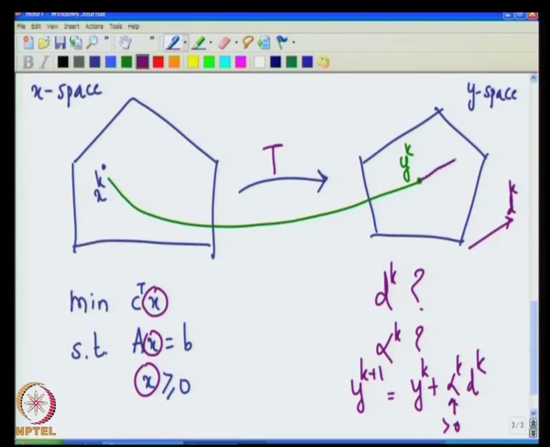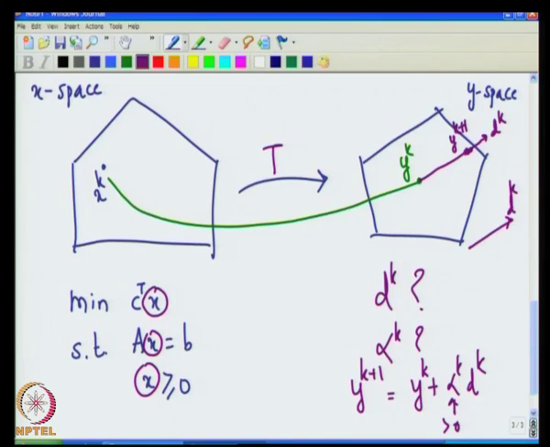Remember that this is the direction dk and we need to move along this direction so that we do not cross the boundary. So, we would reach a point which is going to be yk plus 1. This point yk plus 1 is obtained based on the current value of alpha k and the direction dk.